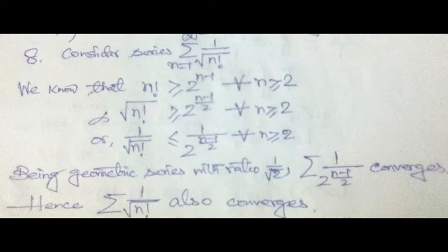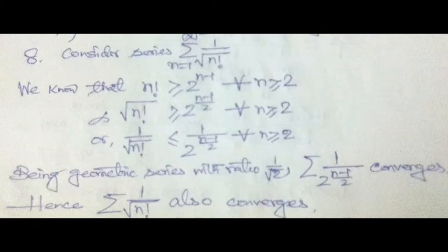Now note that, being a geometric series with common ratio 1 by root 2, the series summation 1 by 2 to the power (n minus 1) by 2 is convergent. Therefore, the left hand side, that is summation 1 by square root of n factorial, must be convergent due to comparison test.